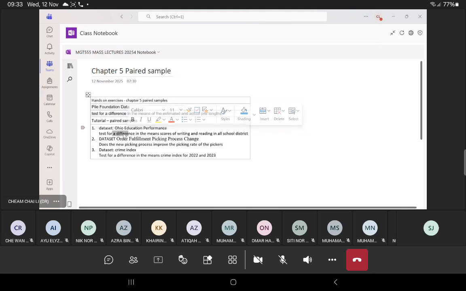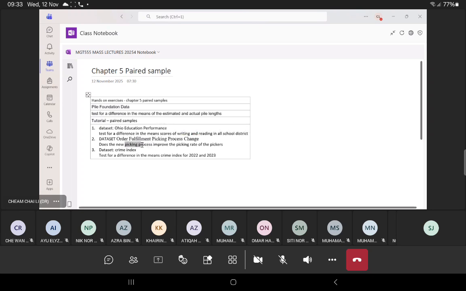So yang ini you can use not equal sign in your alternative hypothesis. Okay. Yeah. Second, you have this order fulfillment picking process change? So does the new picking process improve the picking rate of the pickers? So yang ni bukan lagi two tail, yeah.